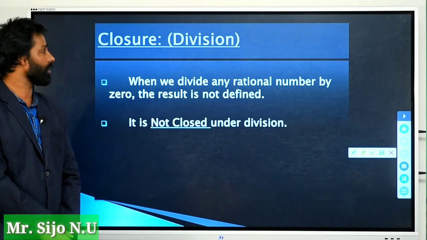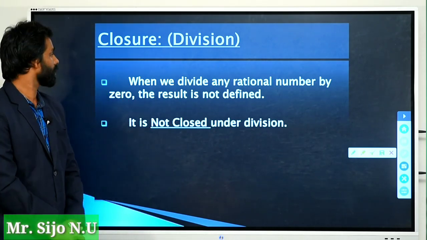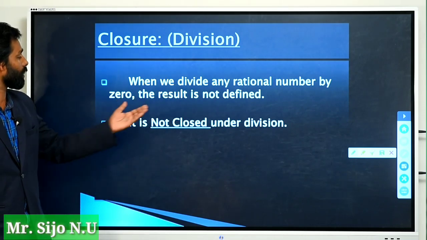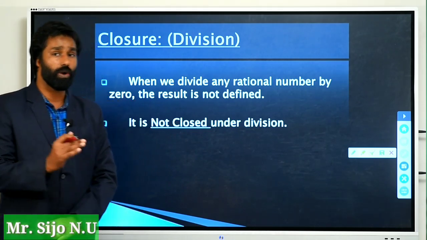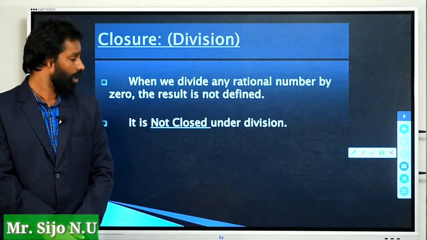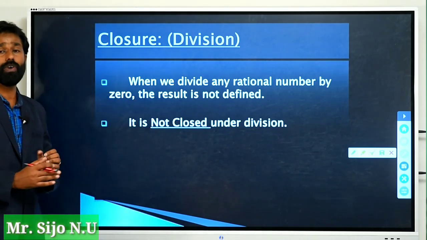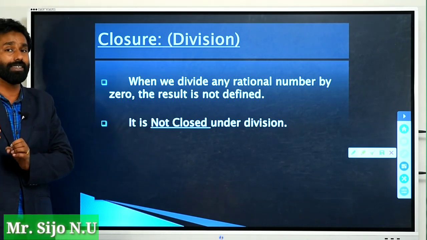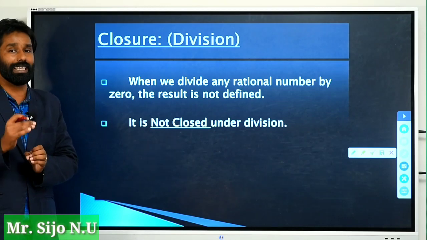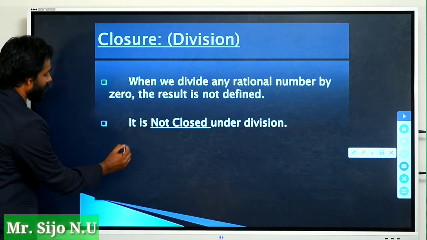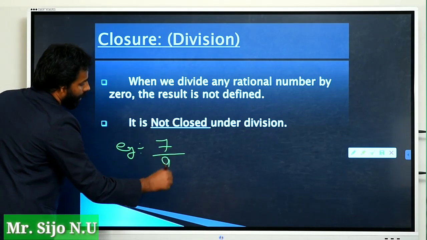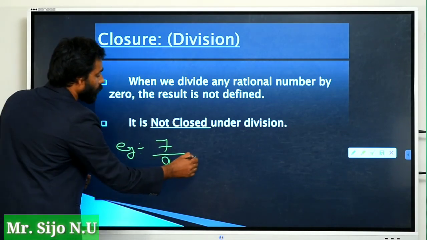But what about in the case of division? When we divide any rational number by 0, the result is not defined. We know 0 is a rational number. Let us consider 7 by 9, a rational number, and also 0.